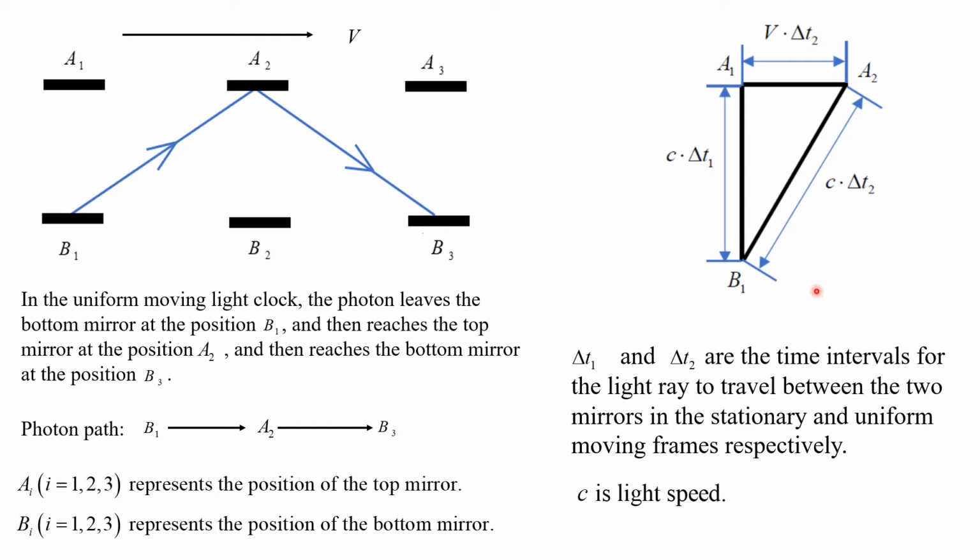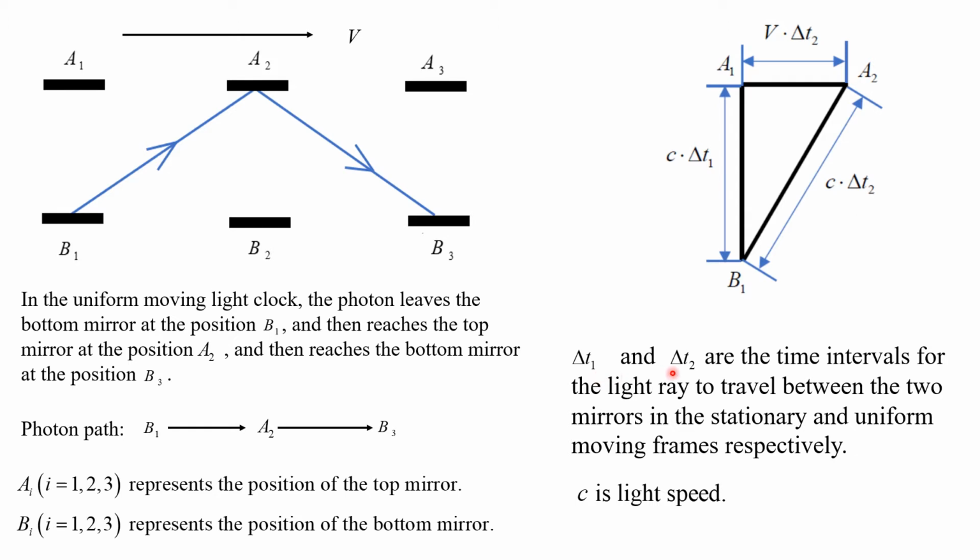And in this figure, we can see that the triangle B1, A1, A2 is a right triangle, and B1A1 equals C times delta T1, and A1A2 equals V times delta T2, and B1A2 equals C times delta T2.